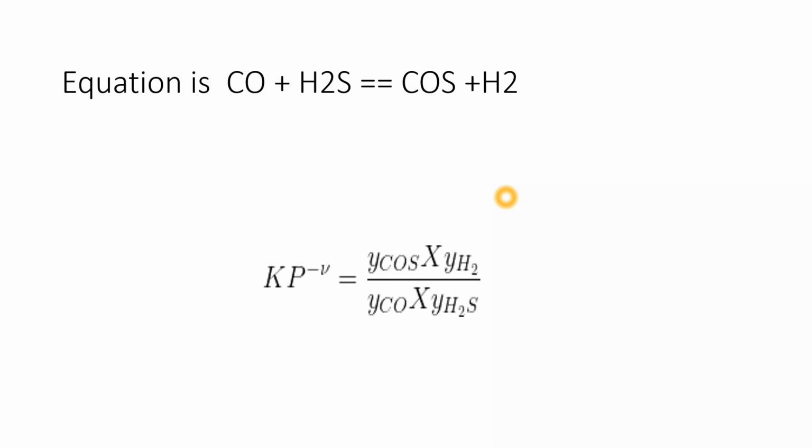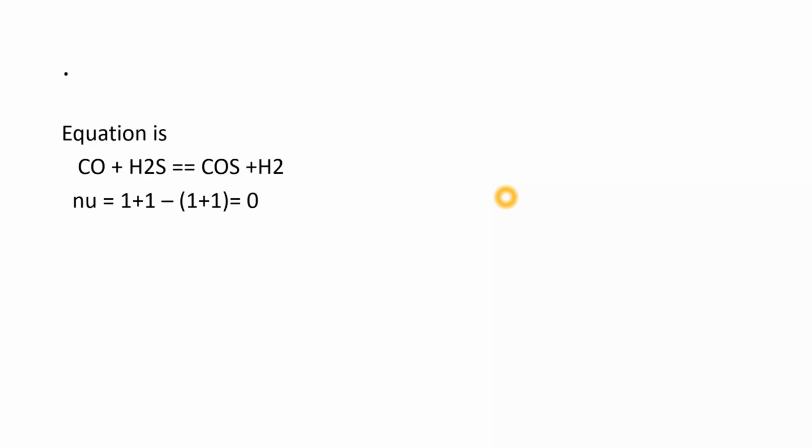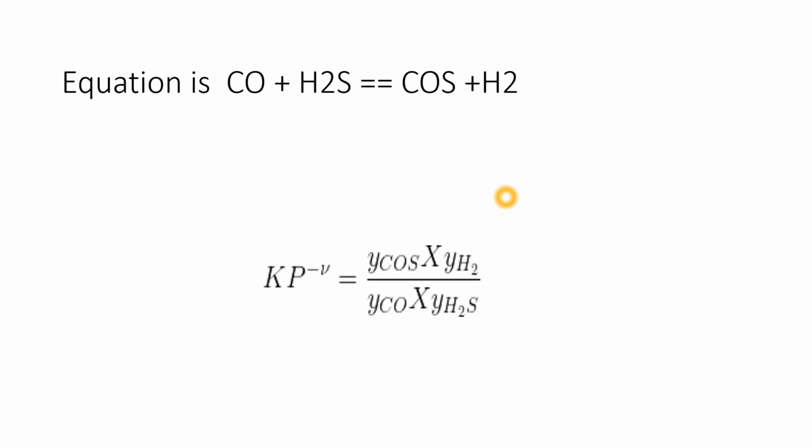Kp equals P to the power minus nu, where nu is the coefficient. Nu is written as 1 plus 1 on the product side minus 1 plus 1 on the reactant side, so it is 0 in this case, right? This is the general equation we can write.